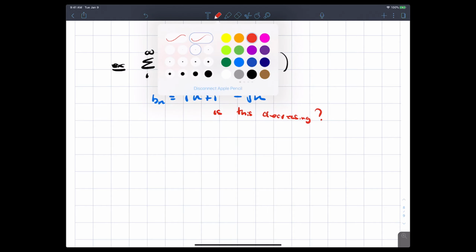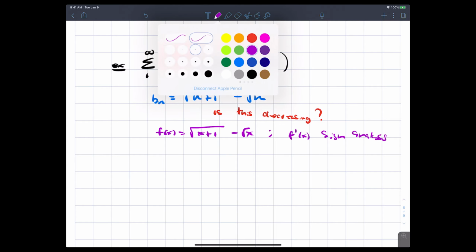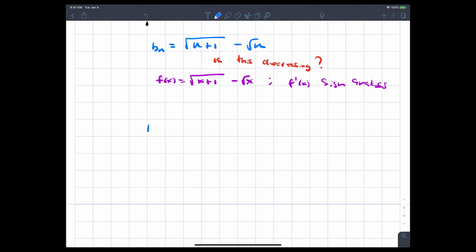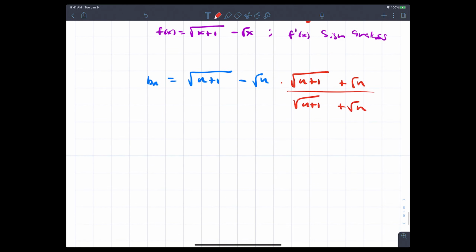And you say, oh, okay, do I have to use calculus and say f of x is square root x plus 1 minus square root of x, and use sign analysis on the first derivative? And you might, although algebraically, I want to show you something. This is probably something some of you guys know already that you can do. Maybe you can say, okay, I'm going to multiply by that plus square root of n over, we're going to do a little algebra here.